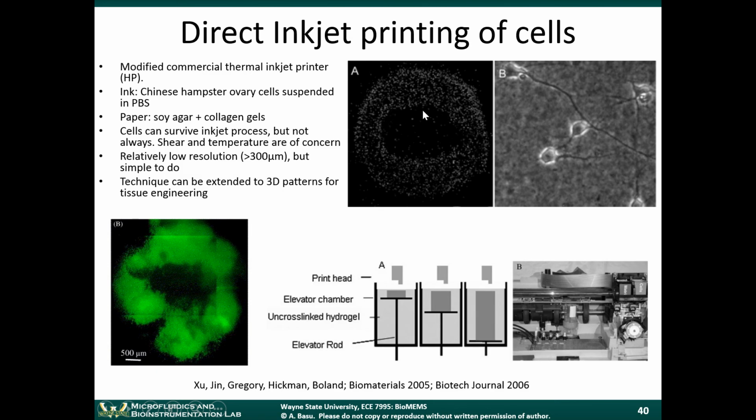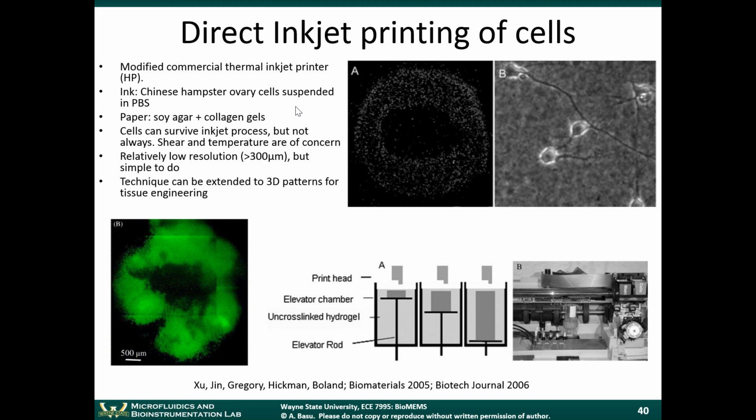More examples of direct inkjet printing. I mentioned that you can do direct inkjet printing, but again, you have the issues of the temperature. So this is an example of a modified commercial thermal inkjet printer, and in this particular example, they used Chinese hamster ovary cells, which are relatively larger cells.